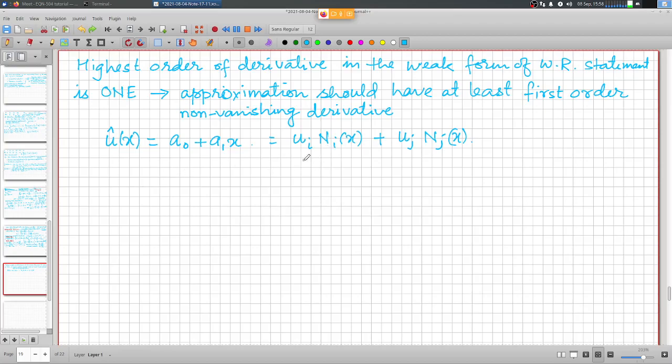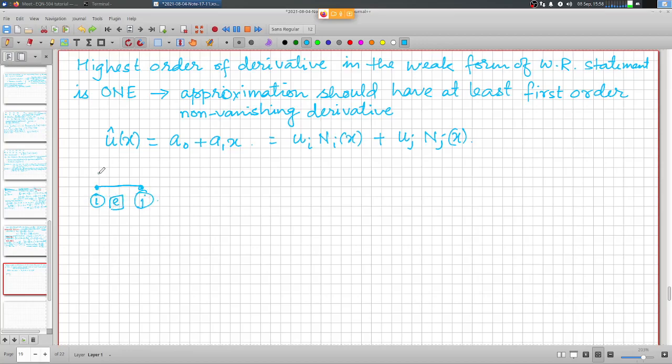So if we look at it, this is the non-vanishing first order derivative. For any one element E, this first degree polynomial is defined by two nodes i and j.